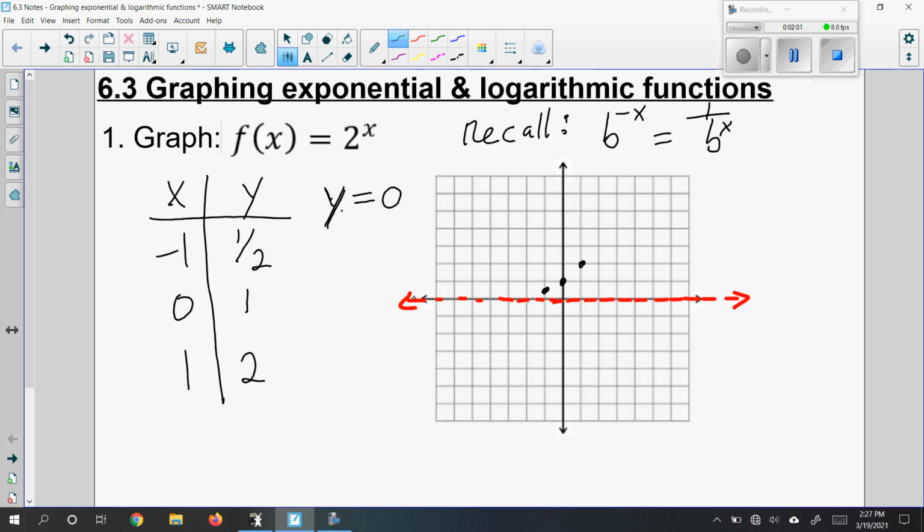So the exponential function gets infinitely close to this horizontal line and then grows. This grows or increases from left to right. Since the base is bigger than 1, this is a growth.